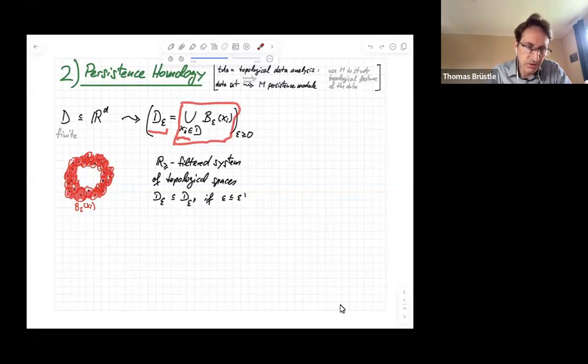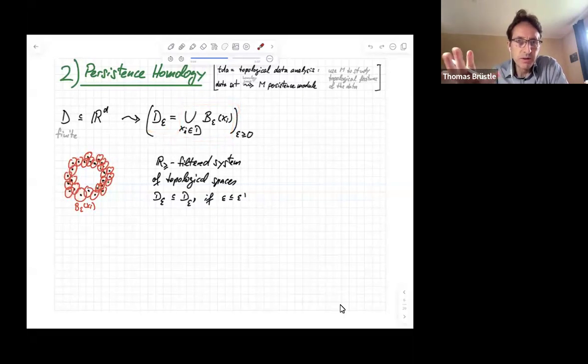It forms something that, as a topological space, is homeomorphic to a circle. So if you blow up the radius of your points, you see that actually we have a circle. And the radius epsilon is a variable. We allow ourselves to increase the radius.